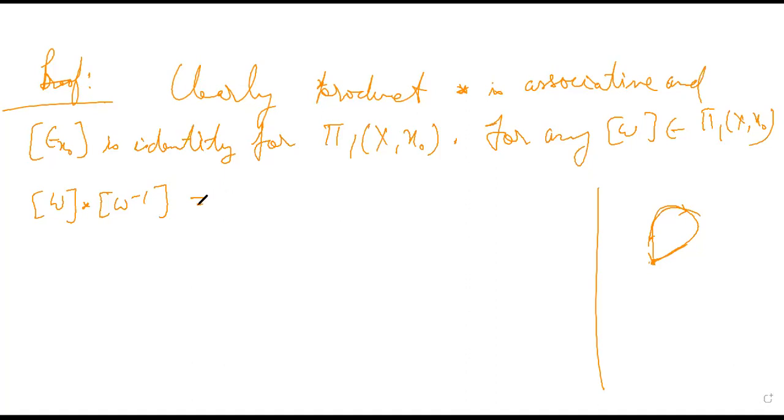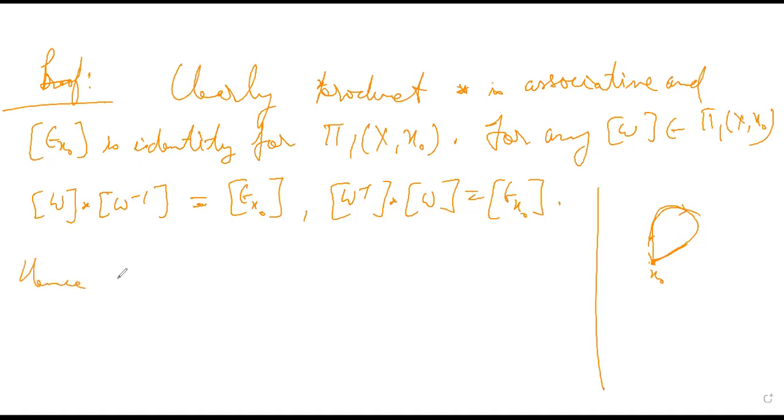So this is nothing but epsilon x naught, and similarly omega inverse star omega. So you have associativity, identity, and inverse. Hence pi 1 of X at x naught is a group.